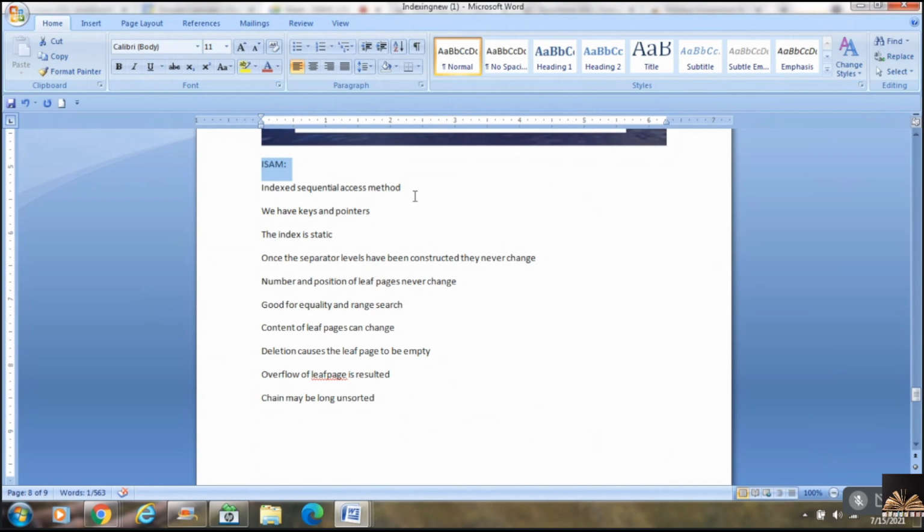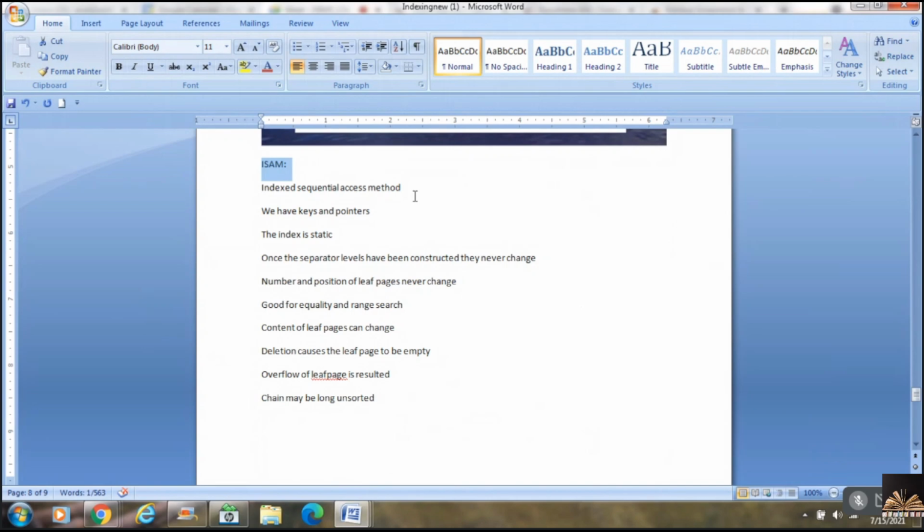That is, once the separator levels have been constructed, they never change. So wherever your data is, that particular data will never change. That is, the number and position of leaf pages never change.